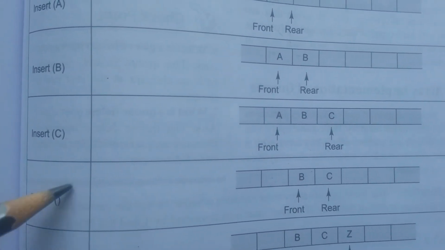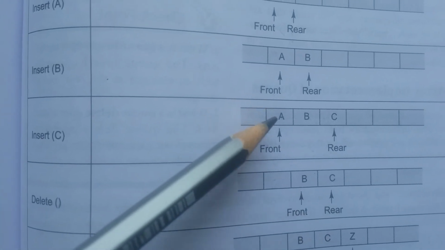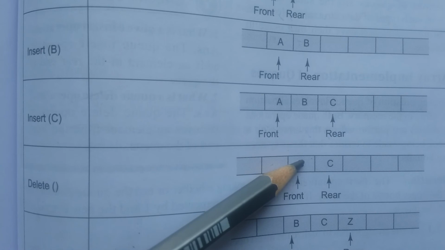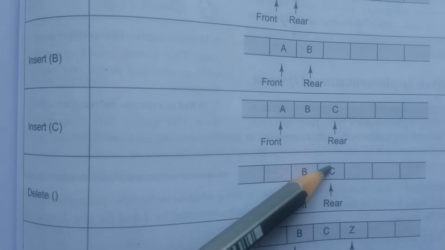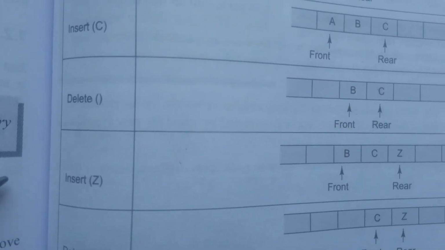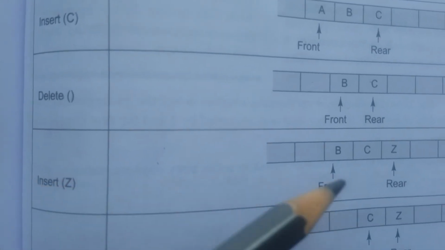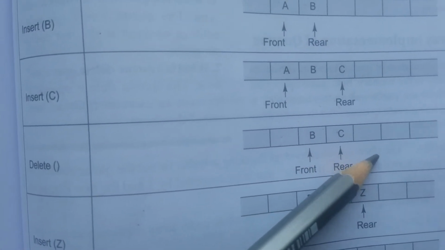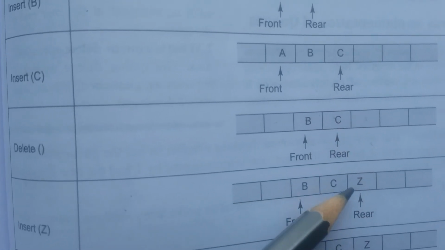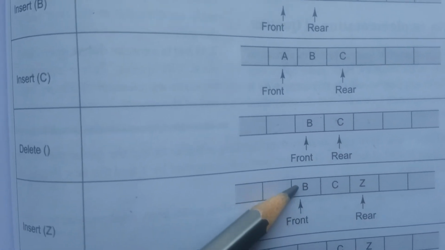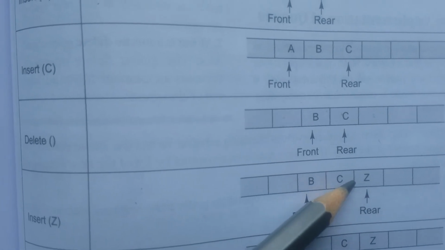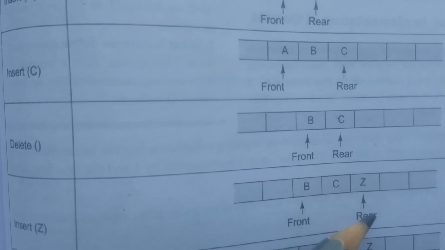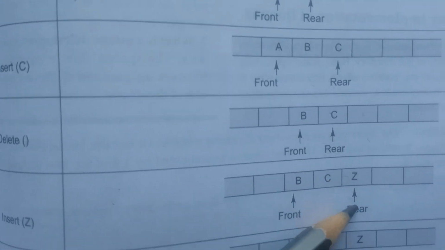So after the first delete operation, the A is removed, front is incremented, so front is pointing to the element B and rear is pointing to the element C. Then I am performing another insert operation. So another insert operation, rear is incremented, there the Z is stored, and I will get the queue condition like this: B, C and Z. B is indicated by front, Z is indicated by rear pointer.